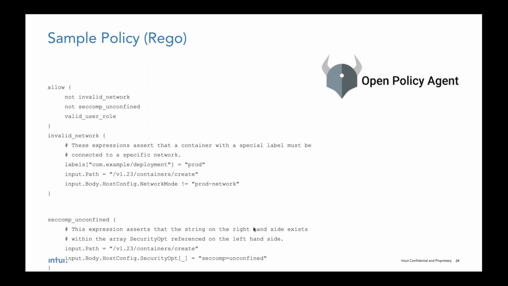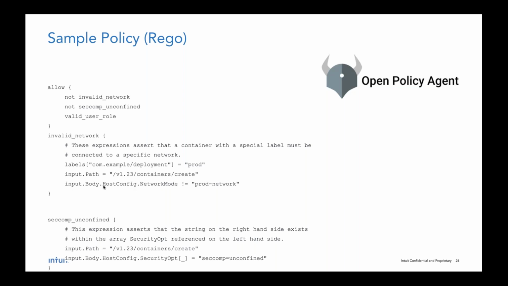Now, what does a policy look like? Here is an example. We don't want to get into the language or the content of this, but the idea here is that it specifies conditions. There are listed predicates, and when they all are true, then access is given.